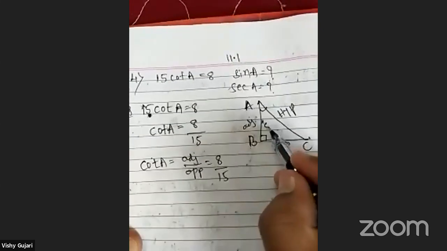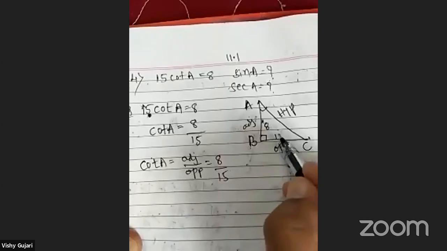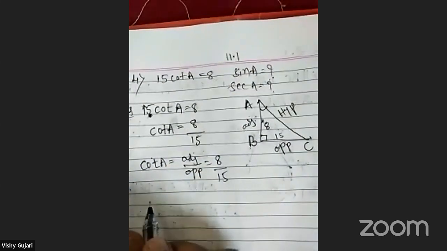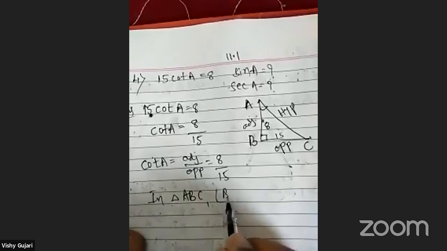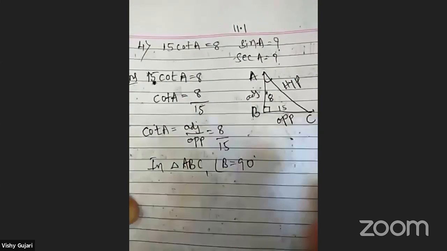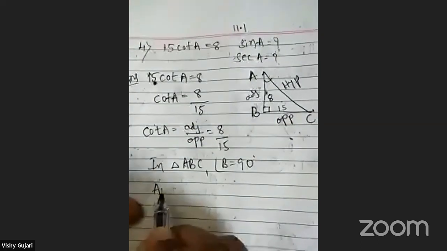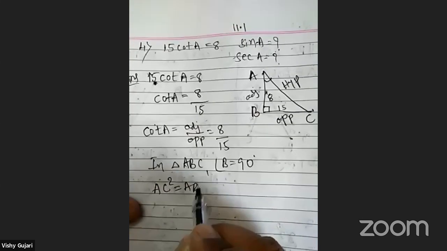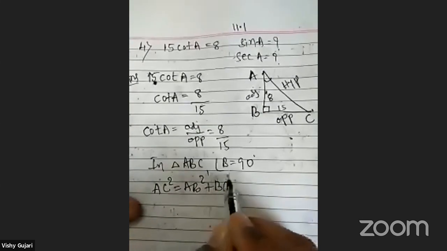This adjacent AB will become 8. This opposite will become 15. What is hypotenuse? We have to find out. In triangle ABC, angle B is equal to 90 degrees, so we are applying Pythagoras theorem. According to that, AC square is equal to AB square plus BC square.